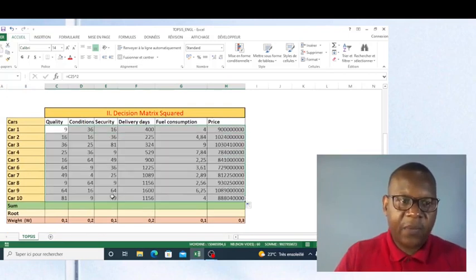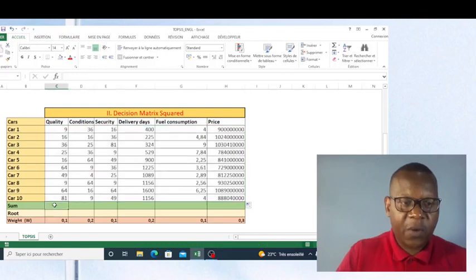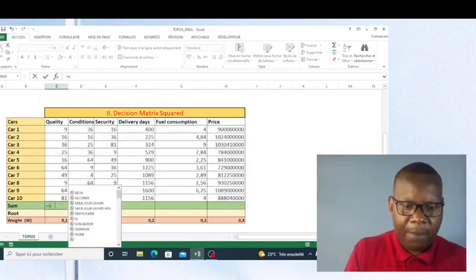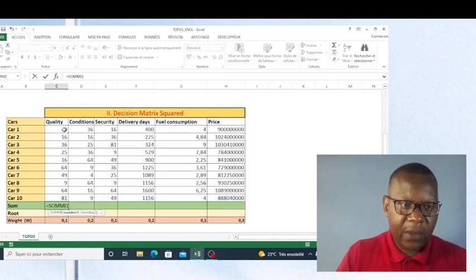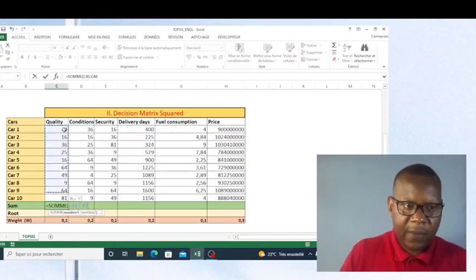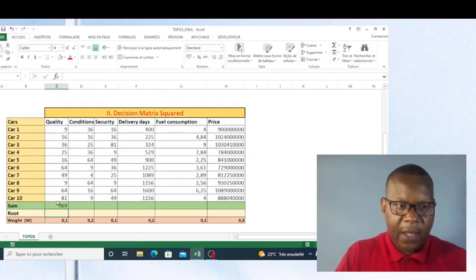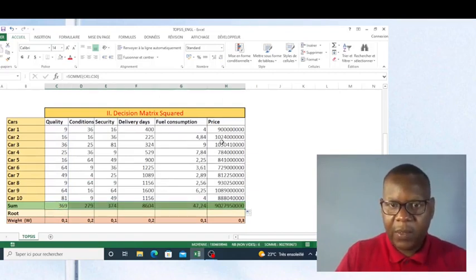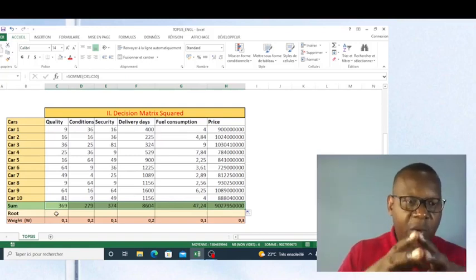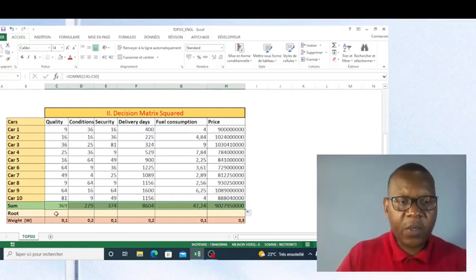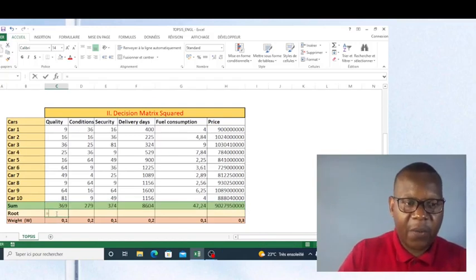The next thing to do is to find the summation of these values, the sum for each criterion. I press enter and copy this formula until the last criterion.